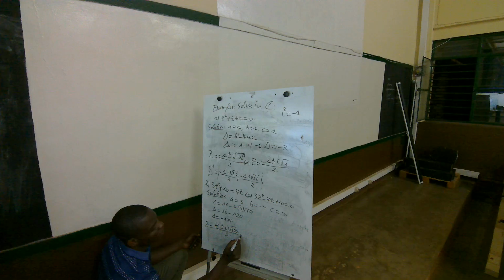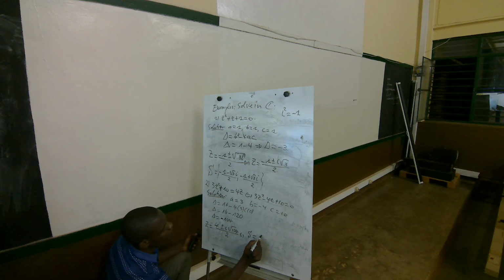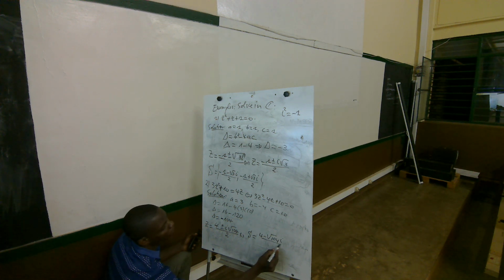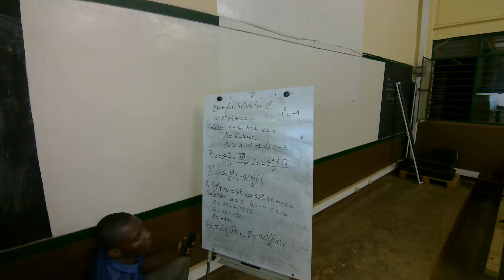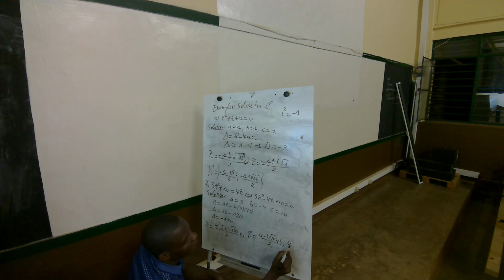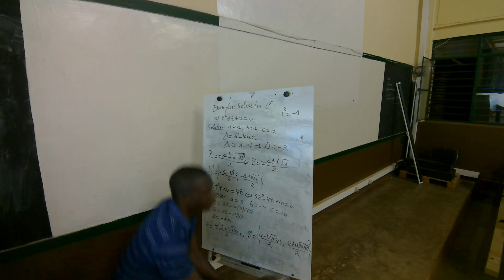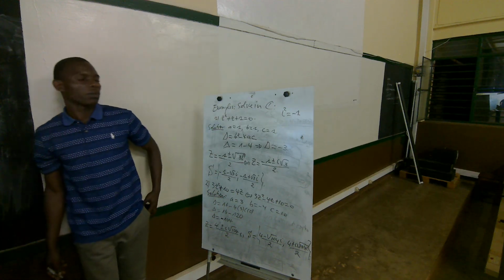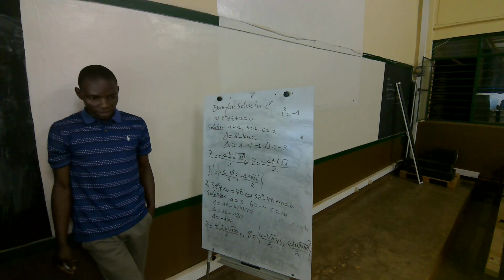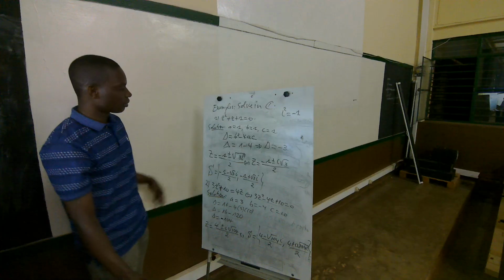Then our solution will be equal to 4 minus square root of 104 i over 2 and 4 plus i square root of 104 over 2. So that's the solution for this equation in the set of complex numbers.